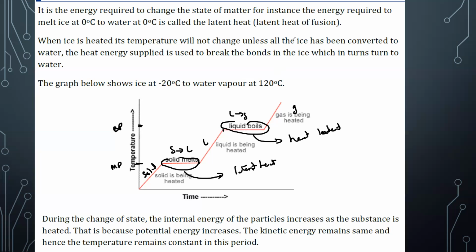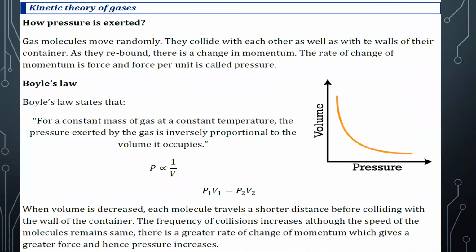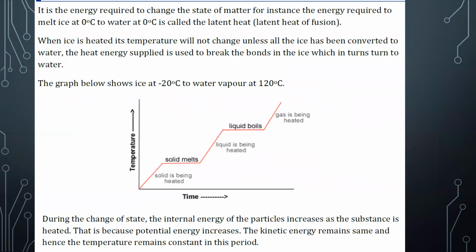So if you want to calculate the latent heat of fusion or latent heat of vaporization, we can use this formula: latent heat is equal to energy divided by mass, where E is the energy needed to change the state and m is the mass of the object, because specific latent heat is the energy needed to change the state of 1 kilogram of substance without changing temperature.